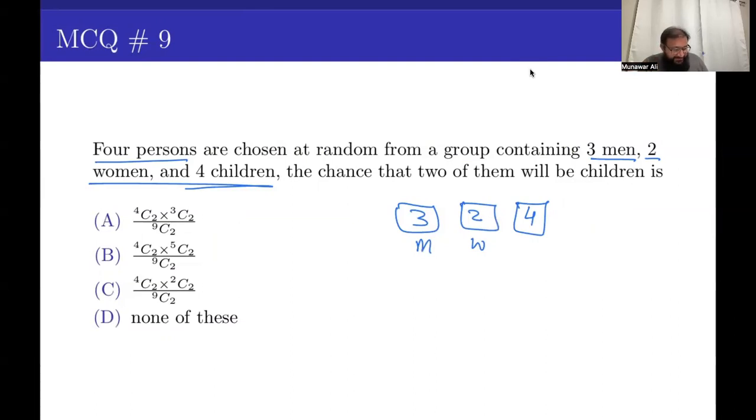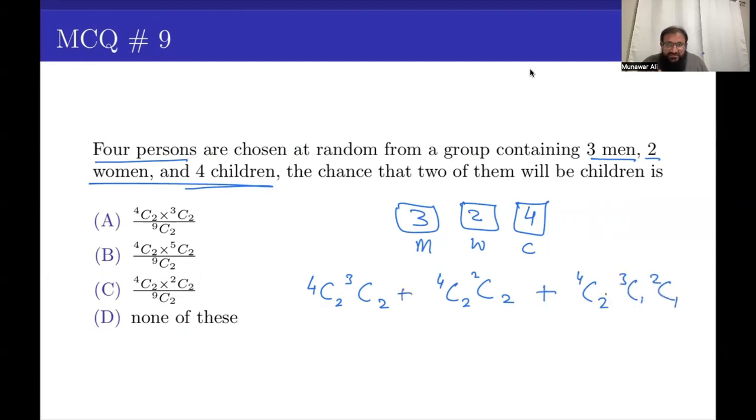So children are 4. We have to select the chance that 2 of them will be children, so we have 4 choose 2. So I have chosen 2 children, but I have to choose the remaining 2 people as well. Now, what am I doing? I have different options now. I'm choosing all of them to be male, or all of them to be women, or 4 choose 2 times 1 male and 1 female.